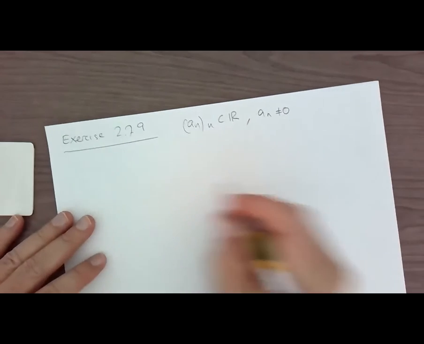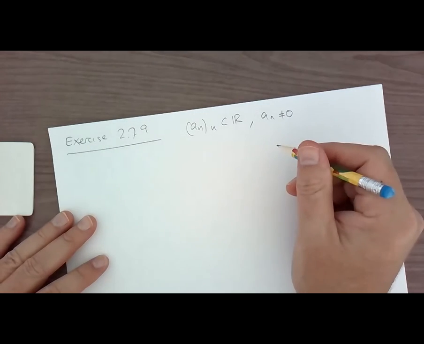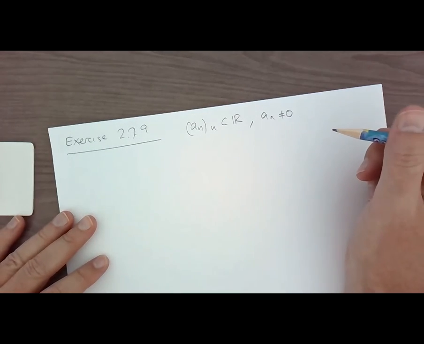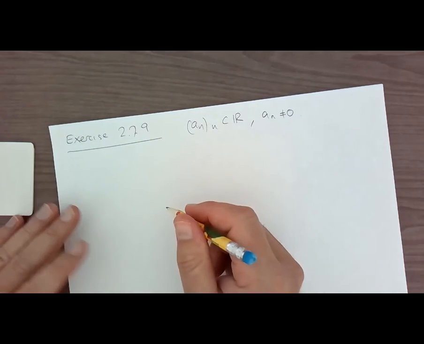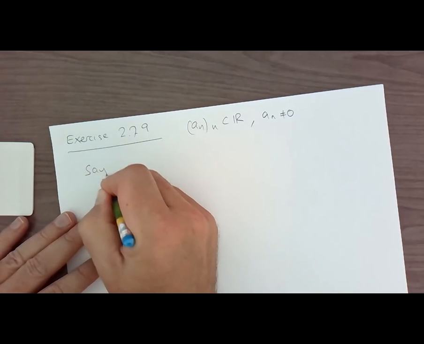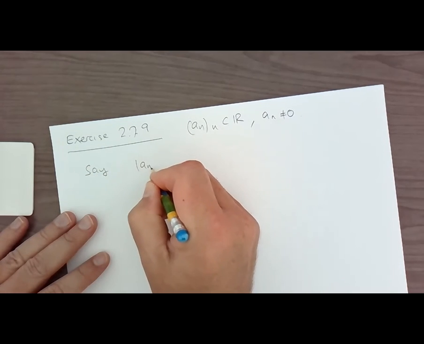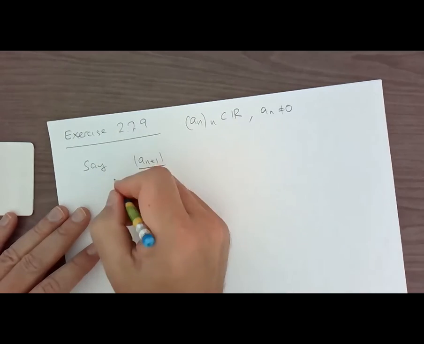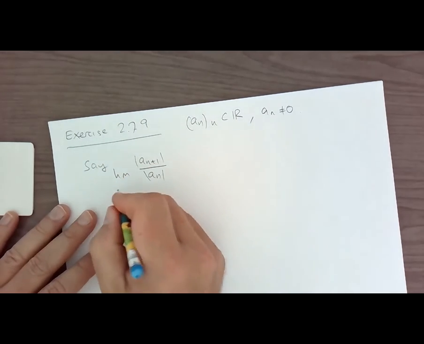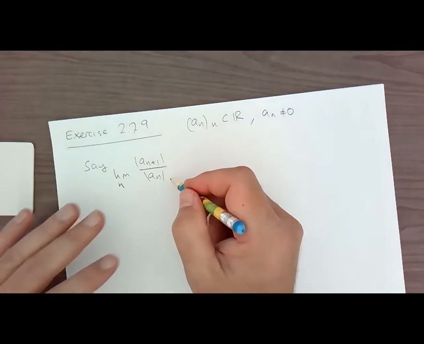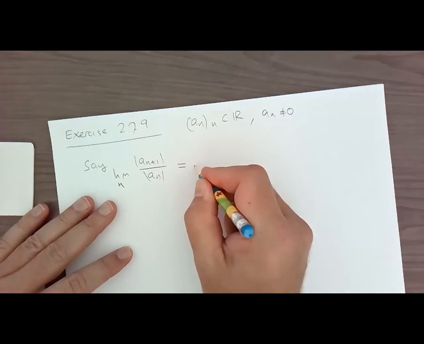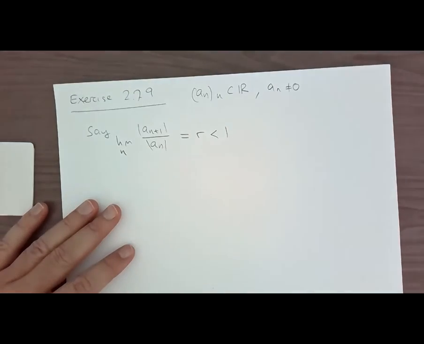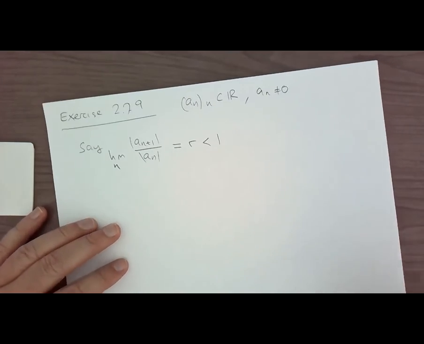The assumption is that if I take the absolute value of these ratios and take the limit, they converge to a number which is strictly less than 1.